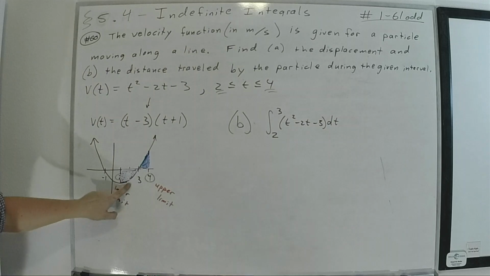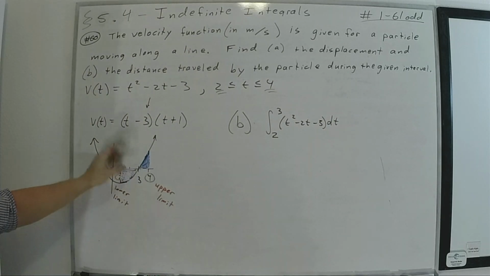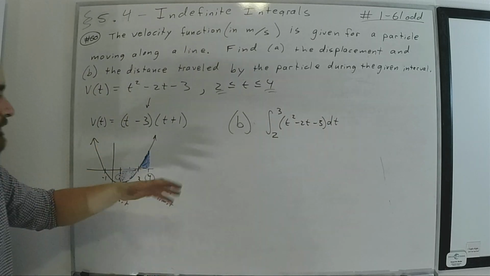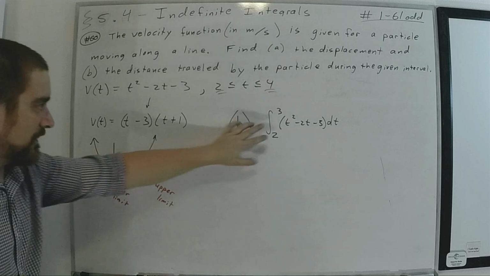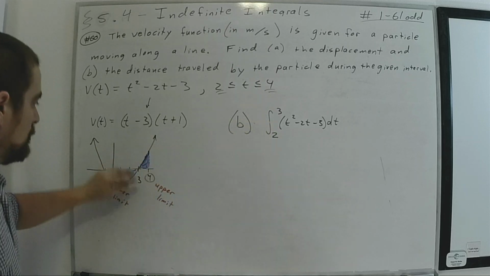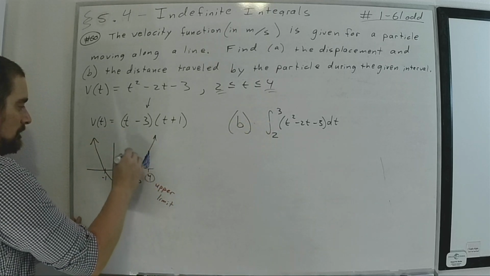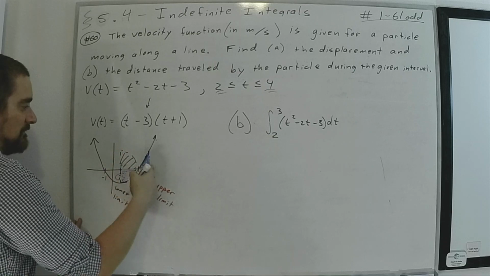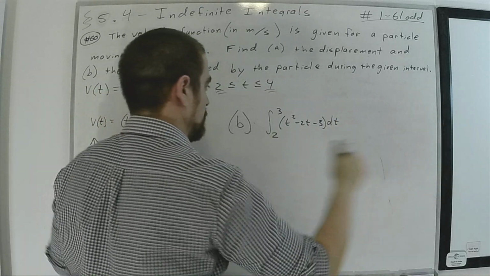We don't want that version because it's negative. We want the positive version, so that we get positive stuff and positive stuff to see the total amount that this moved.